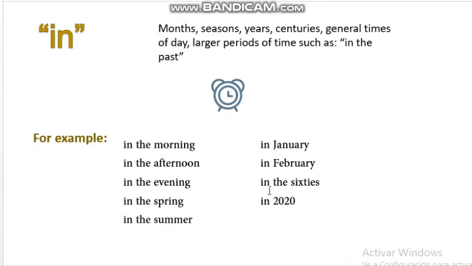We can also use it with centuries, as in the 60s. That means that we use in with 1960, from 1960 to 1970. In the 60s, in the 70s, in the 30s, whatever decade.